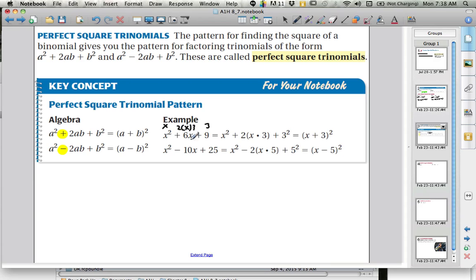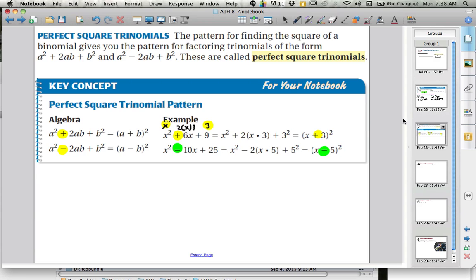Well, it's 6x. Yes, it is. So that means this is the square of x plus 3. And like I said, when this is a minus sign, the only thing that's different is that this becomes a minus sign.